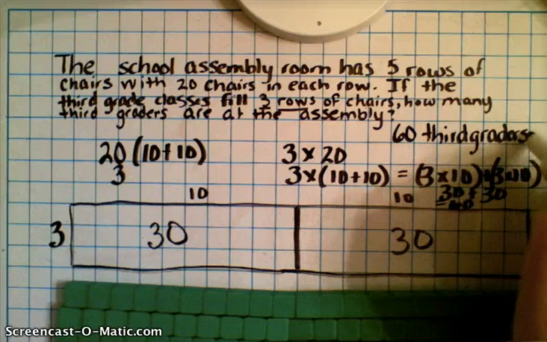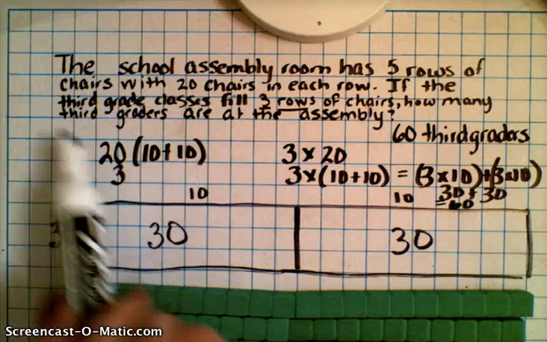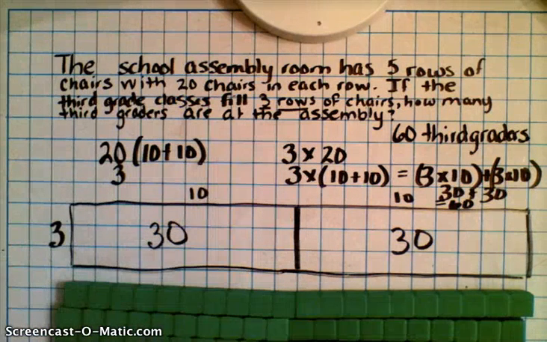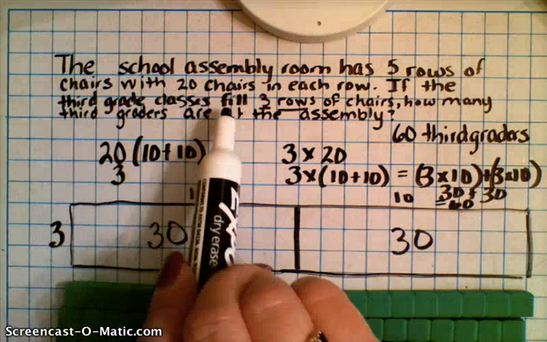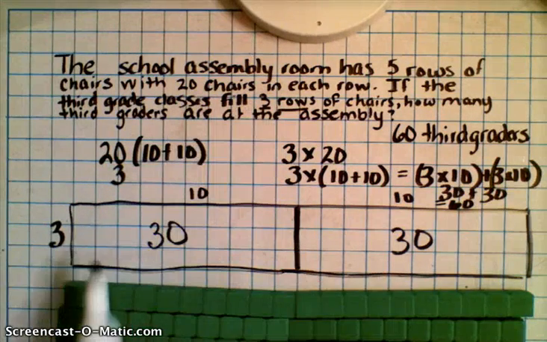Let's take a look back at what we've done here. First, we knew that we had to find how many third graders were at the assembly. We decided to make 3 rows because that's how many third grade classes we filled. And then we put 20 chairs in each row.